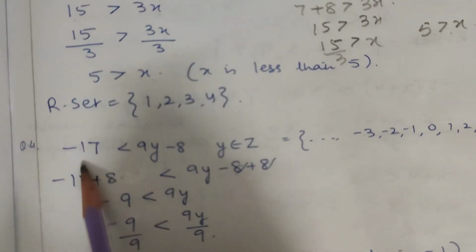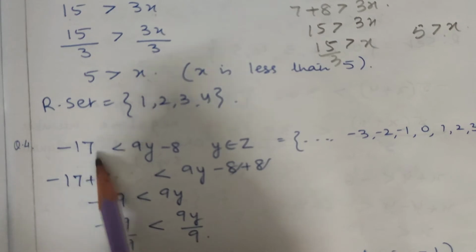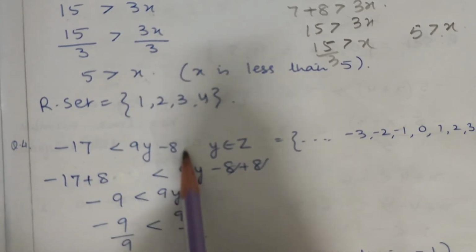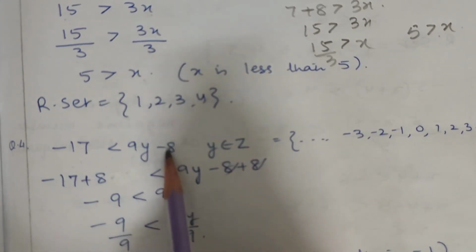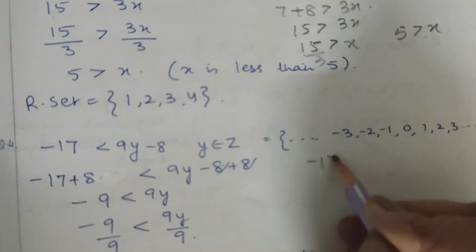Next, minus 17 is less than 9y minus 8, adding plus 8 to both the sides. Now again I am telling you, you can do it directly also, like this also.